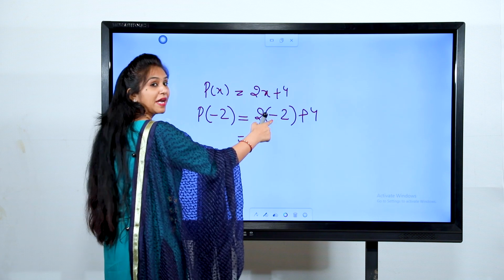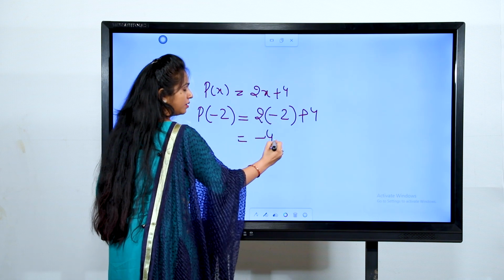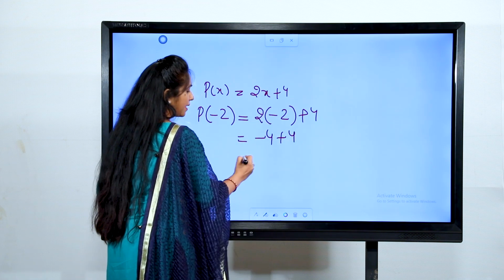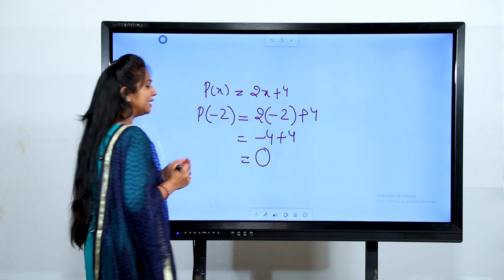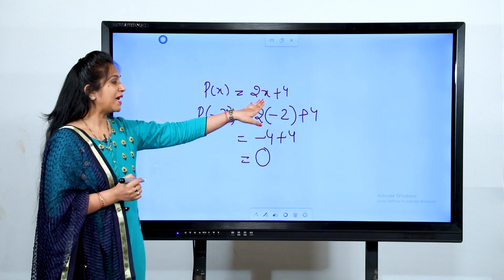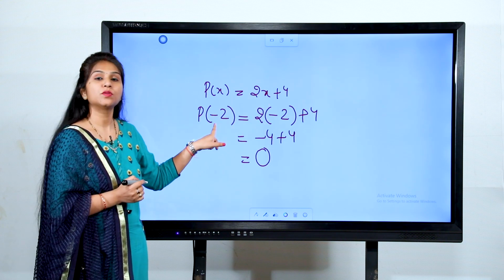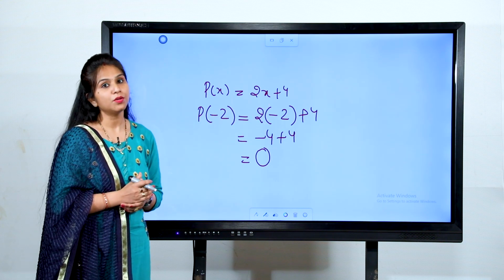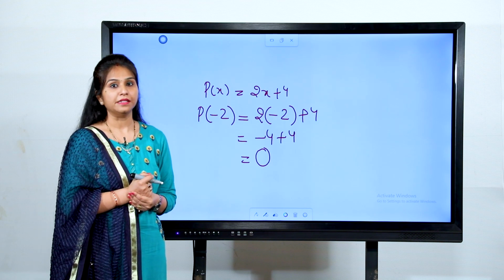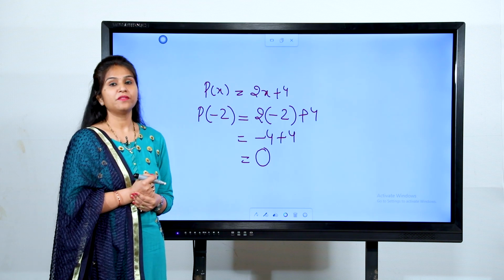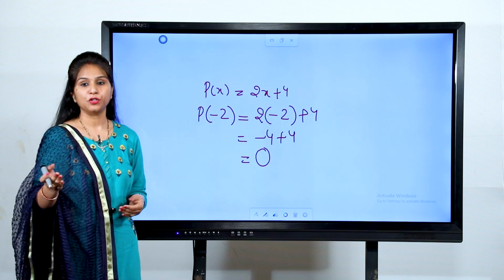Now 2 into minus 2 gives you minus 4 plus 4, and that becomes 0. It means when we substitute minus 2 in place of x, we are getting 0. So x is equal to minus 2 is a zero, or we can say root, of the linear polynomial. In this way we can find zeros of a polynomial.